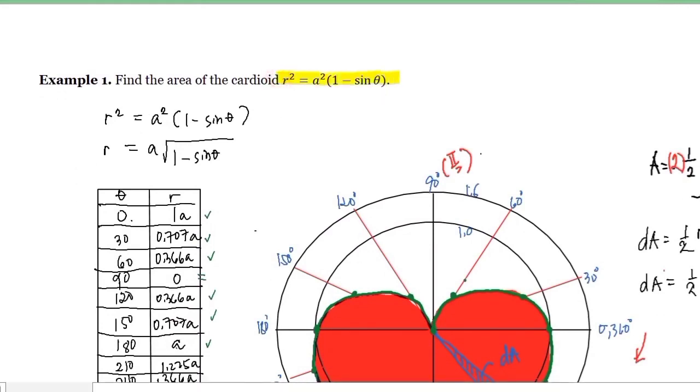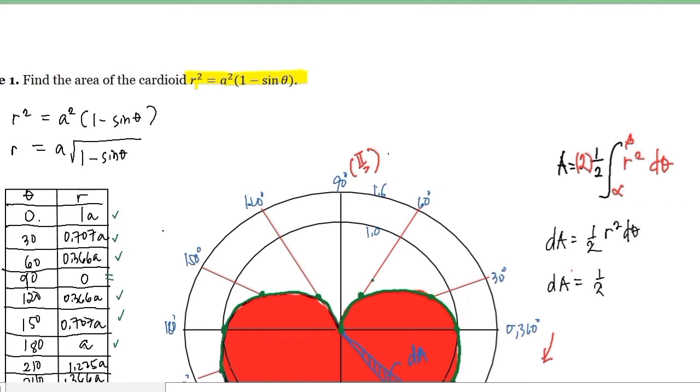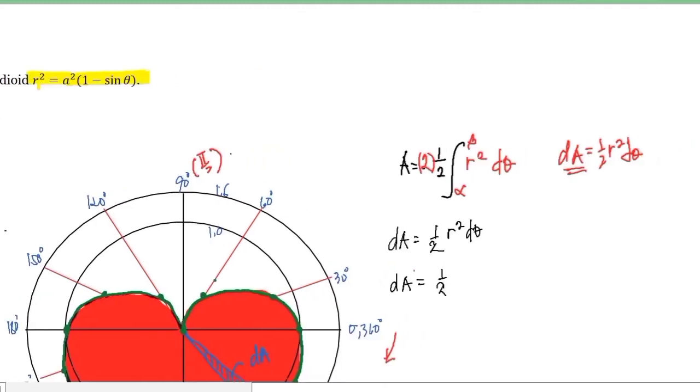So, ibig sabihin, r squared is equal to this. So, we have here r squared. This is a squared multiplied by 1 minus sine of theta. And we have here the d theta.